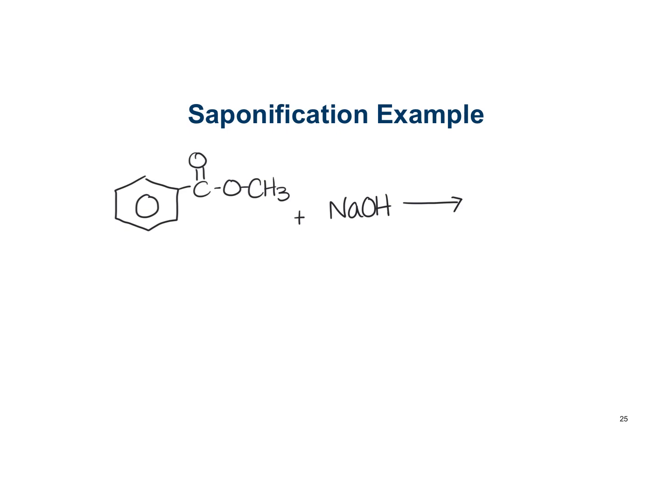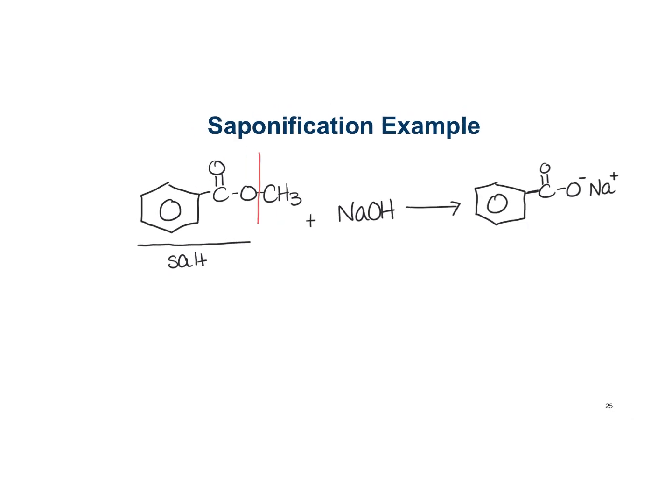When we do this, I draw a line right here, and I know that everything here is going to make my salt. And so I go ahead and I draw my salt, and then I look at the counter ion and go ahead and draw that counter ion in.